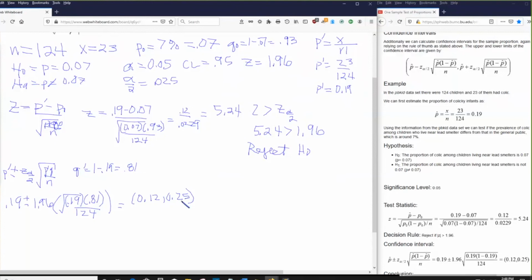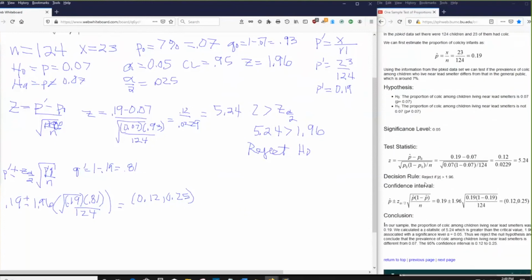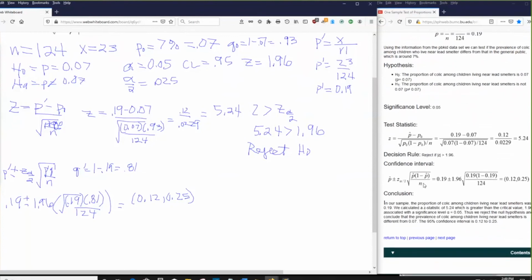So what that would tell us is that we can reject the null hypothesis and conclude that the prevalence of colic among children living near lead smelters is different from the general population of 7%. We can also say that we have 95% confidence that the population value is going to be between 12% and 25%.